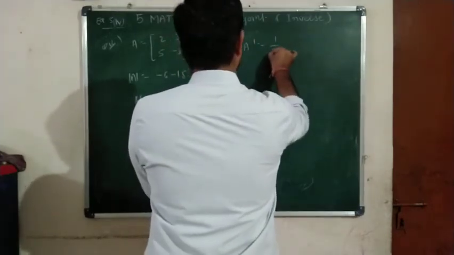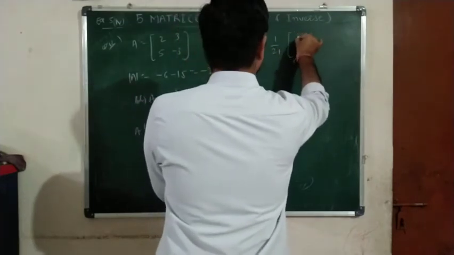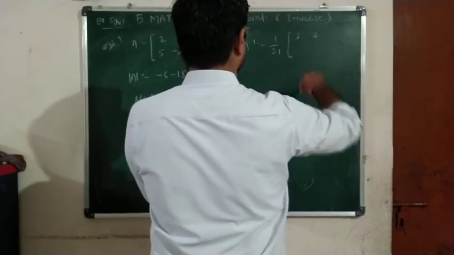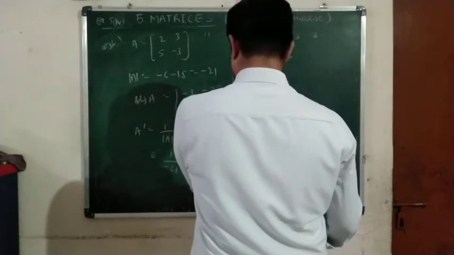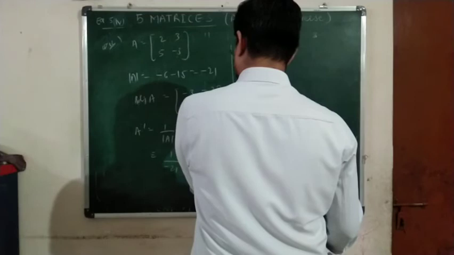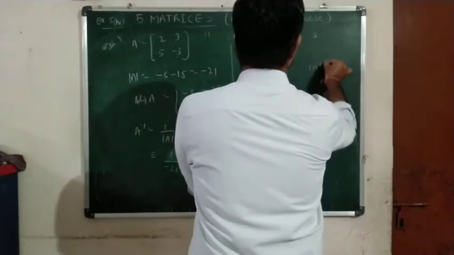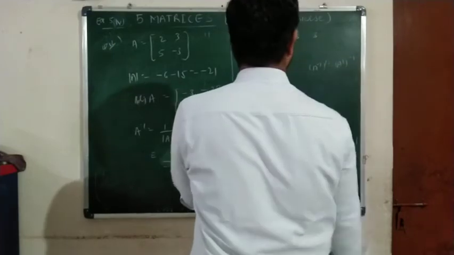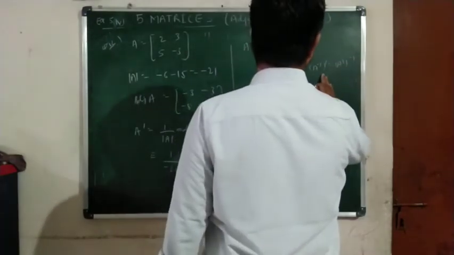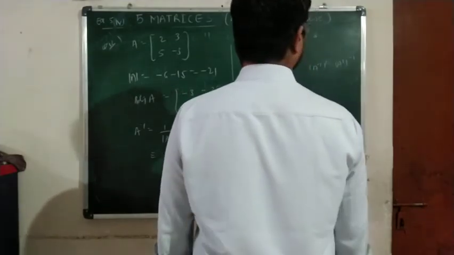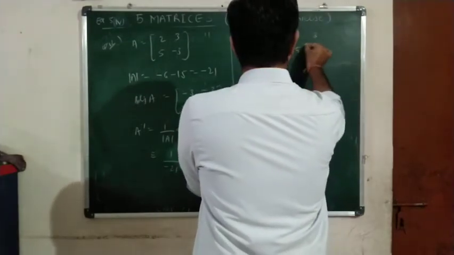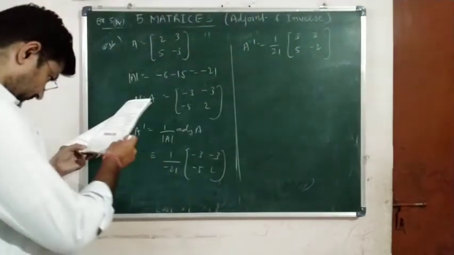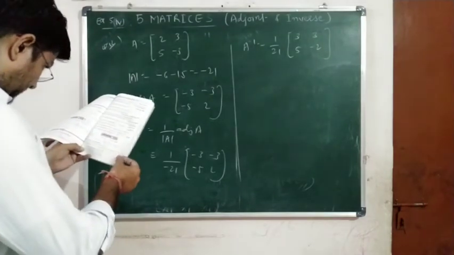So A inverse is equal to 1 upon 21 into 3, A inverse whole transpose is equal. Okay. 3, 5, minus 2. This is number 12.